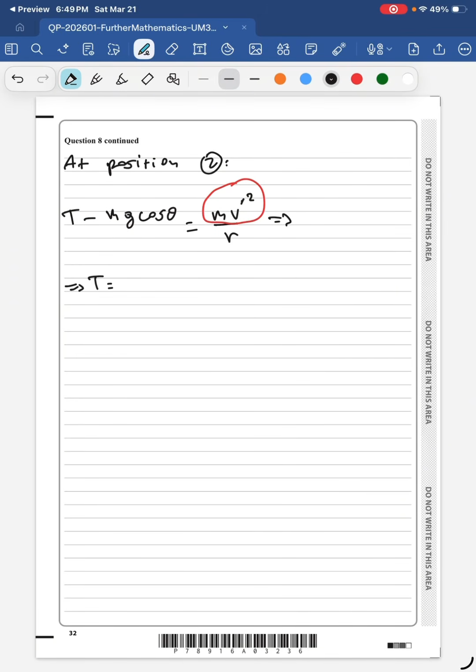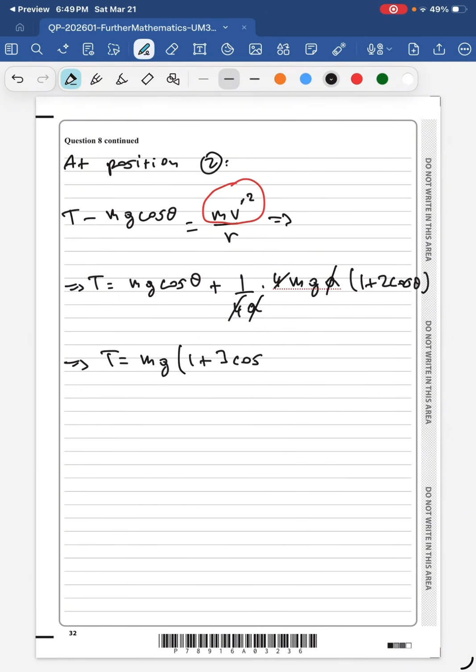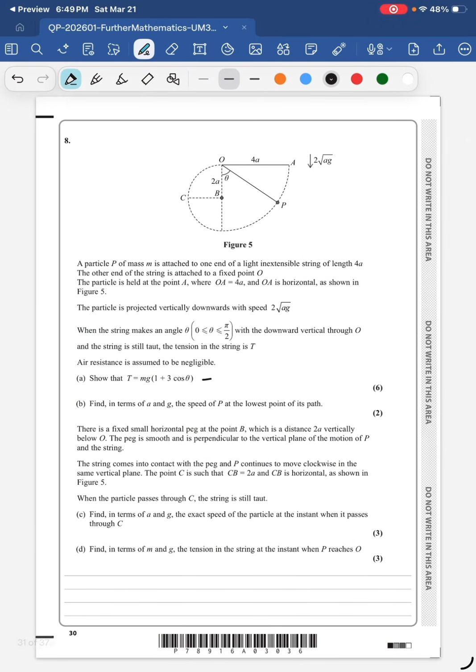So T is mg cosine theta plus 1 over 4a, which is r, times 4mga. So a cancels, 4 cancels as well, and then we have 1 plus 2 cosine theta. So T is mg times 1 plus 3 cosine theta. And we proved the first question, which was kind of hard.